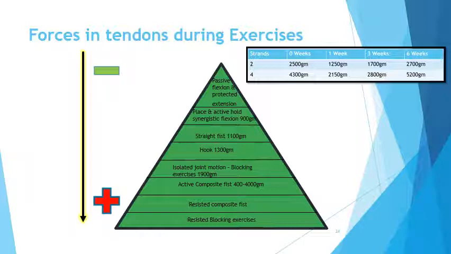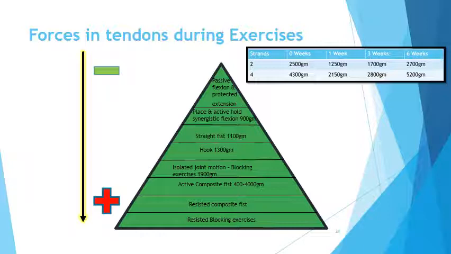A hook fist is up to 1,300 grams, and you can see how that is definitely safe. At 3 weeks, for instance, definitely safe with a 4-strand repair. Isolated joint motion, blocking exercises is more force, 1,900.